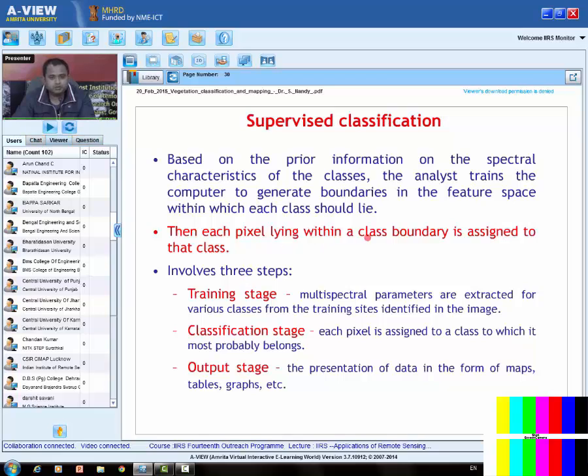You train the computer to generate boundaries in feature space within which each class should lie. Each pixel lying within a class boundary is assigned to that class. So basically I am assigning training sites, and based on these training sites, it classifies the whole imagery into different classes.